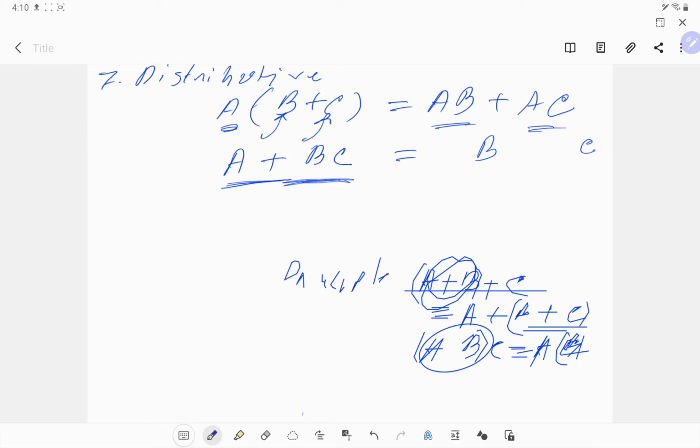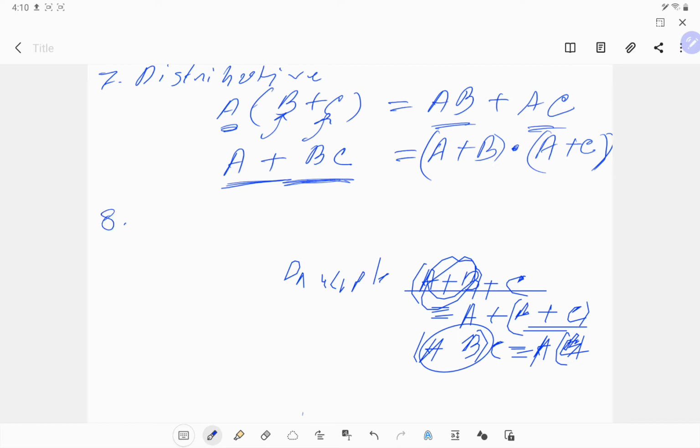The relation between A and BC is plus. So we want to distribute A over B and also A over C, and the relation between A and each of them is plus. After doing that, we get this, and the relation between B and C remains times. This is the distribution law.